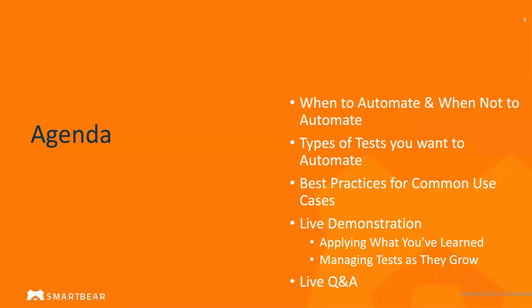We'll also go through a live demonstration here on the webinar, and we'll apply some of what we've learned. We'll also talk a little bit about how we can manage test cases as they grow. And as Nick mentioned, we'll have a live Q&A at the very end. If you have any questions, please drop them in the chat window, and we'll get to them there towards the end. So let's get started.